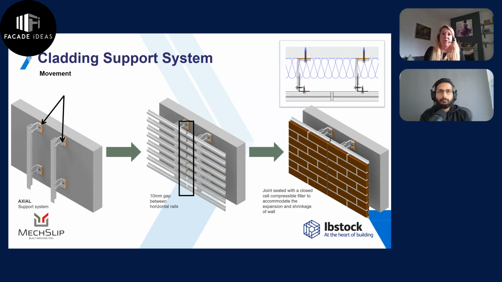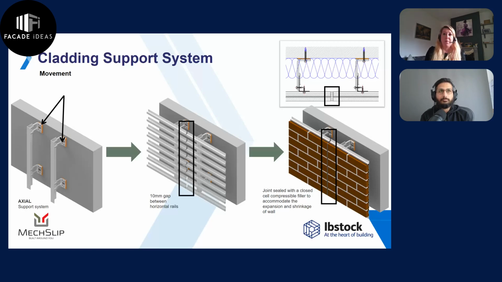We then break that rail to provide the 10mm gap for the mortar joint, or however wide that gap is to be calculated, but typically 10mm. And then, just as we would with traditional masonry, we would supply that with a compressible filler and a sealant to the front too.